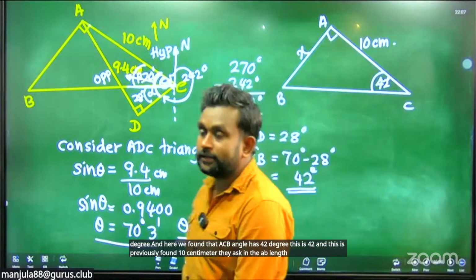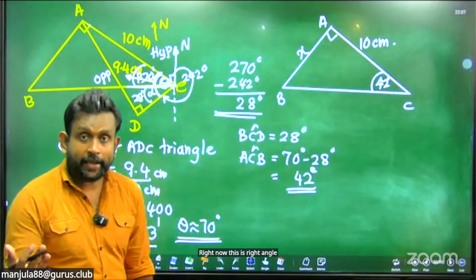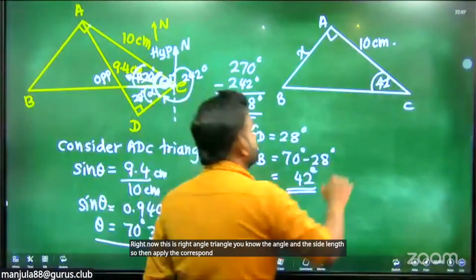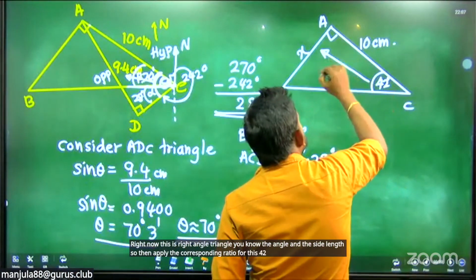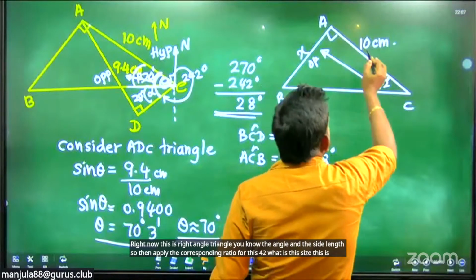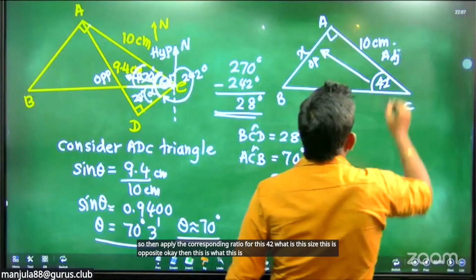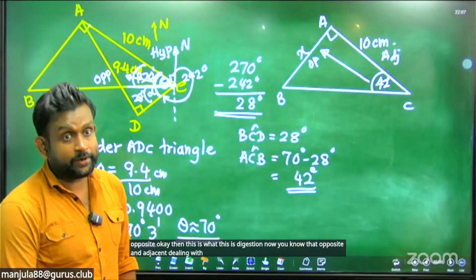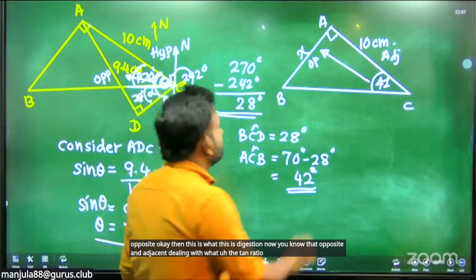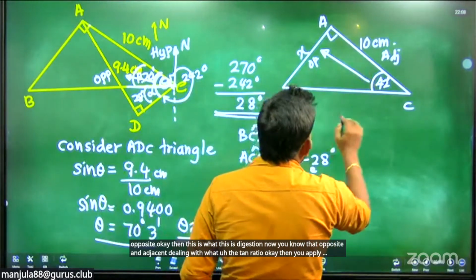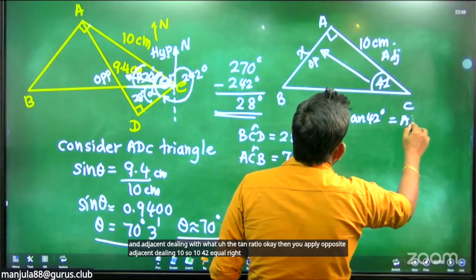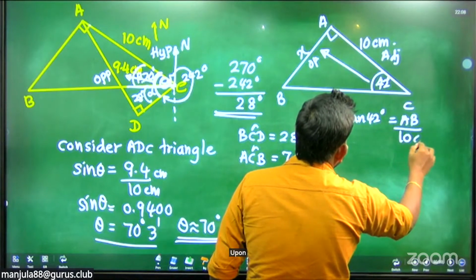Right. Now this is a right angle triangle. You know the angle and the side length. So then apply the corresponding ratio. For this 42, what is this side? This is opposite. Then this is the adjacent. Now you know that opposite and adjacent deal with the tan ratio. So tan 42 equals opposite AB upon adjacent 10 centimeter.